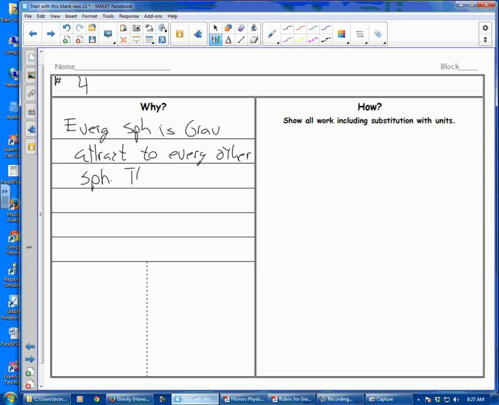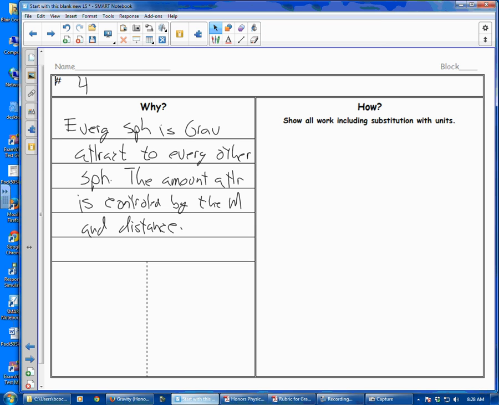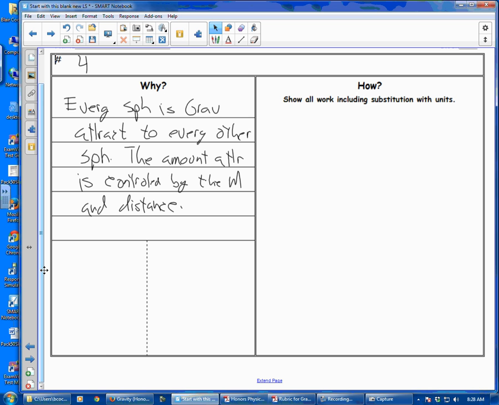And the amount of attraction is controlled by the mass and distance. And then, of course, since it mentions forces, I need to include a force diagram.